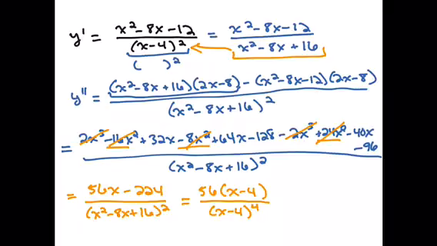And so one of those will simplify, and our final answer is actually 56 over x minus 4 cubed. Because this right here was an x minus 4 squared, and then we squared it.